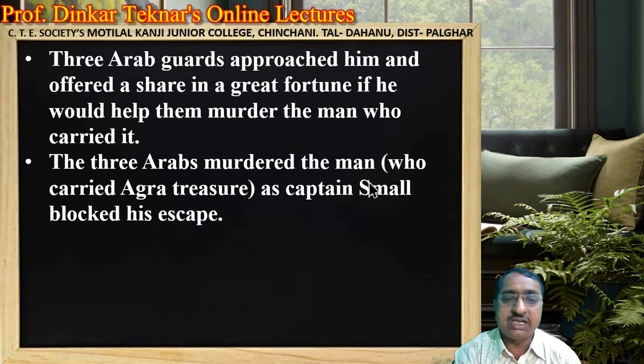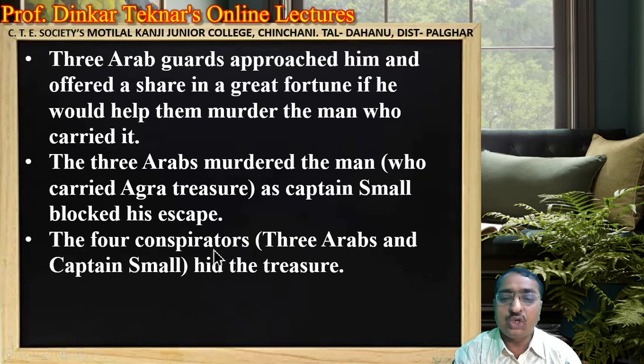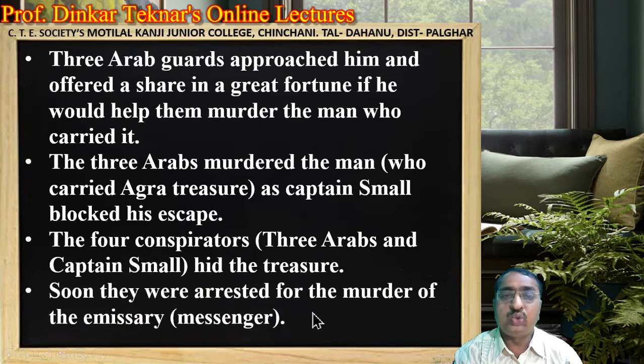The three Arabs murdered the man who carried the Agra treasure as Captain Small blocked his escape. This means Captain Small helped the three Arabs to murder the man who had brought the Agra treasure. The four conspirators, the three Arabs and Captain Small, hid the treasure. Soon they were arrested for the murder of the emissary, that is, the messenger.